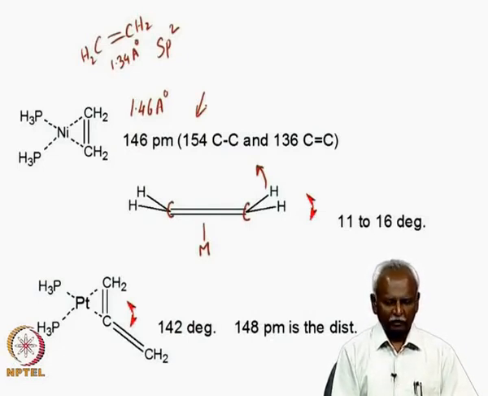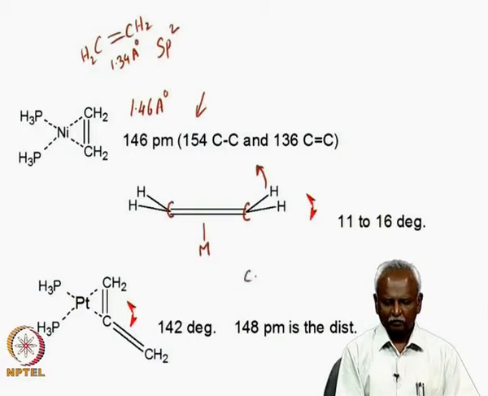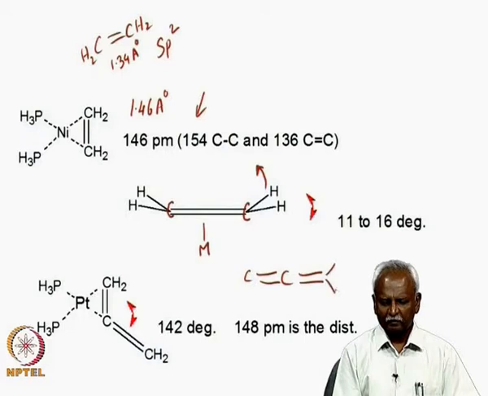Now, if you have a cumulene where you have 2 double bonds consecutively, then the central carbon is sp hybridized.